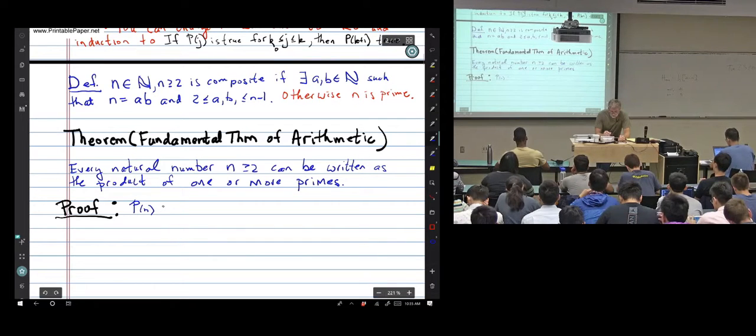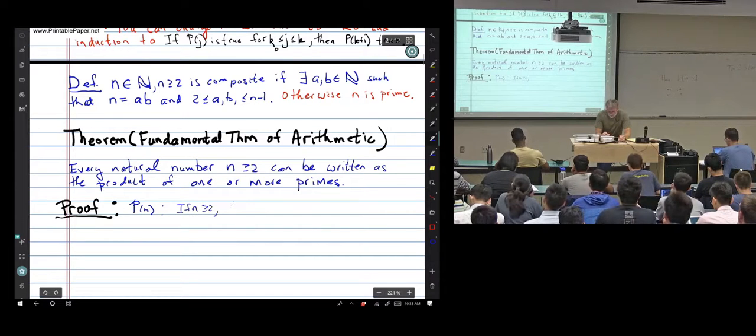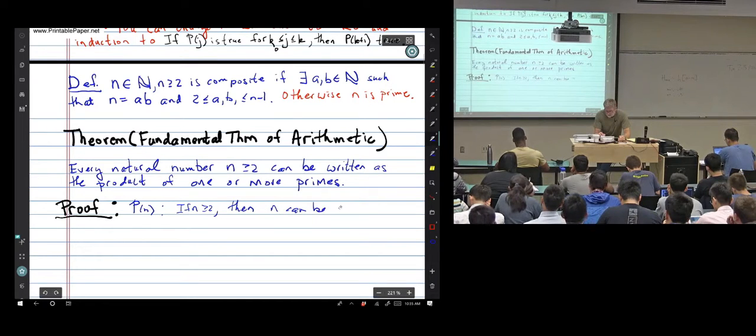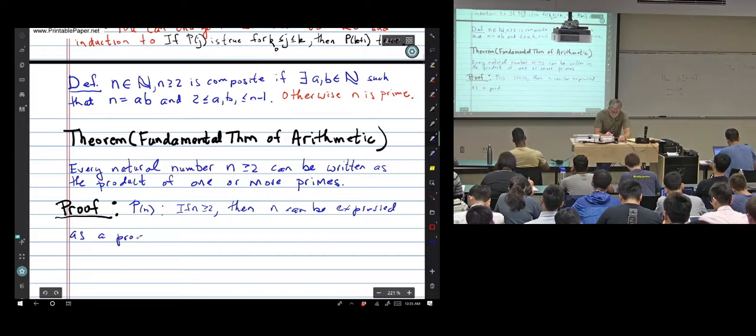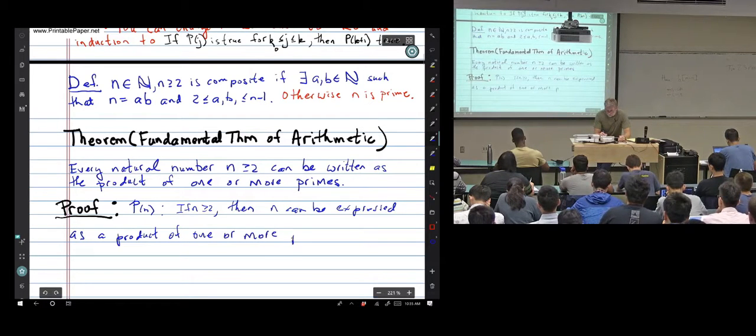P of n is that if n is greater than or equal to 2, then n can be expressed as a product of 1 or more primes.